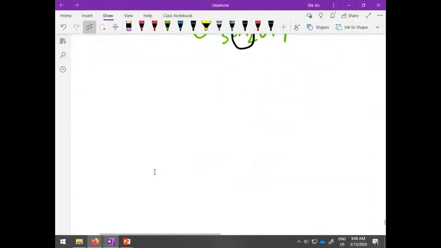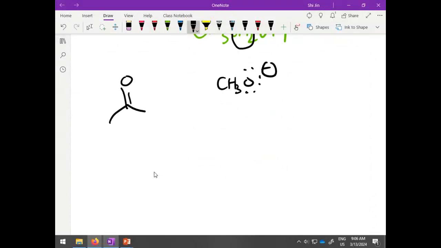So let's say if you throw in this one, which atom will it directly react with, carbonyl carbon or carbonyl oxygen?